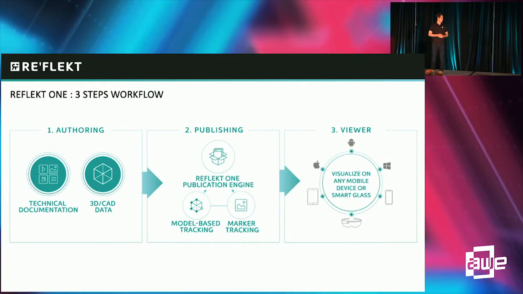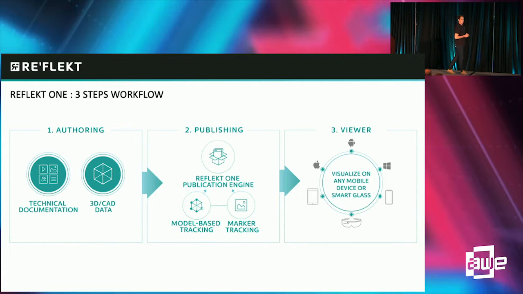The workflow of REFLEKT ONE includes 3 steps. Authoring, your job, your task. Upload your own content, 3D CAD files. We support most of the common CAD formats, IGES, STEP, JT, and so on and so forth.